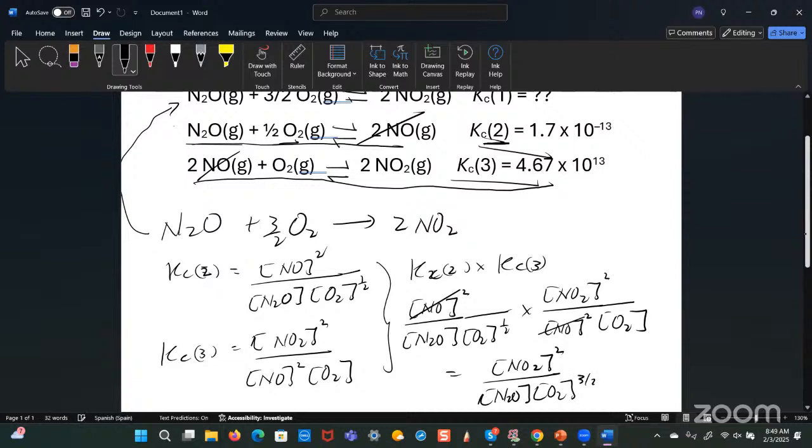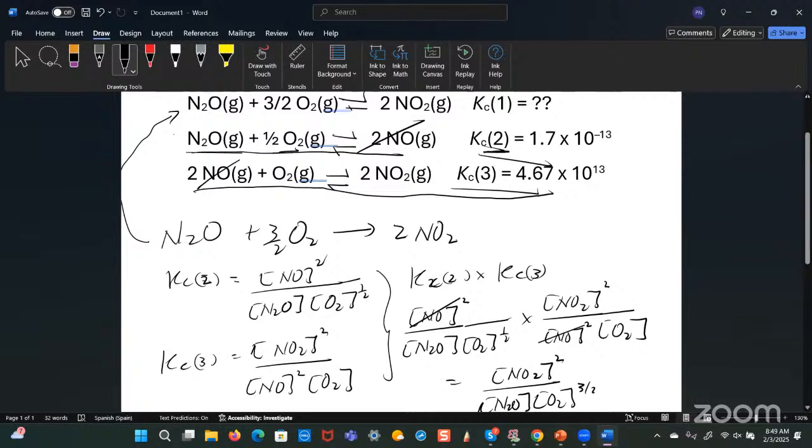If you look at this carefully, that is equal to the Kc expression for this equation right here: the concentration of NO2 squared divided by the concentration of N2O times the concentration of O2 raised to the 3 over 2.